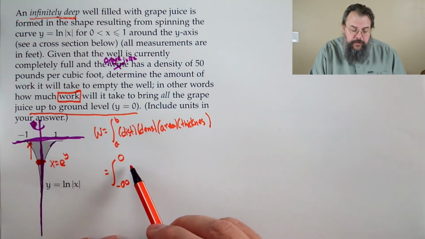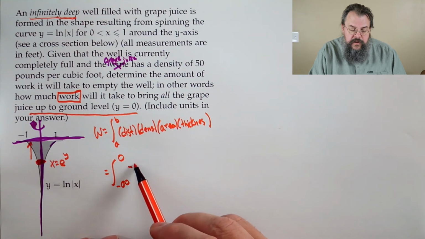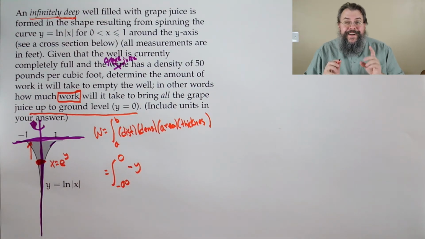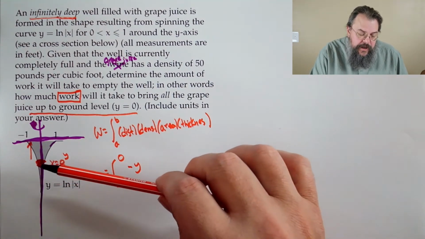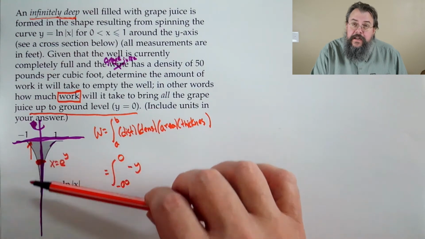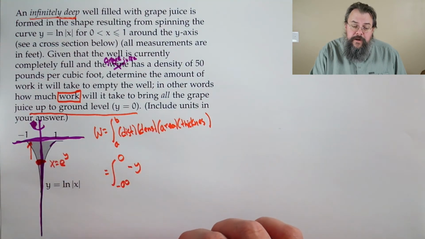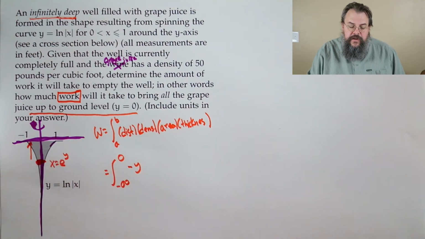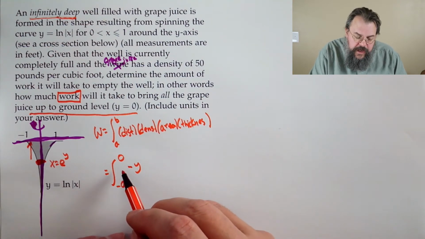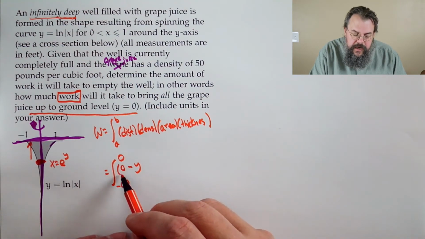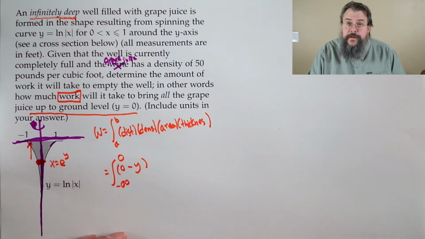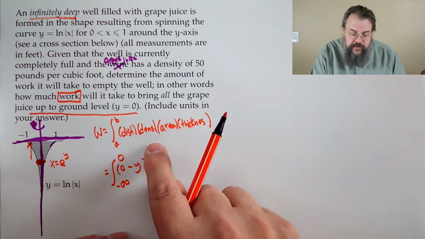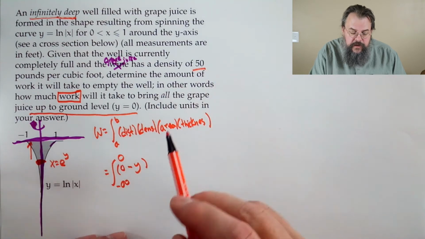Well, it would be negative y. All right, you have to be careful here, right? You want to say, wait, isn't it y? Well, pay attention, because y's are negative down here. And when we talk about a distance, it's a positive amount. So if you don't like negative y, think of it as 0 minus y. Where we have to pump up to, subtract where we currently are. The density, 50. All right.